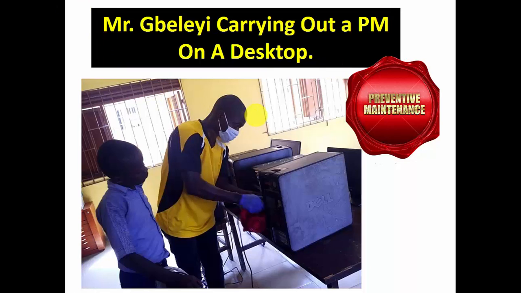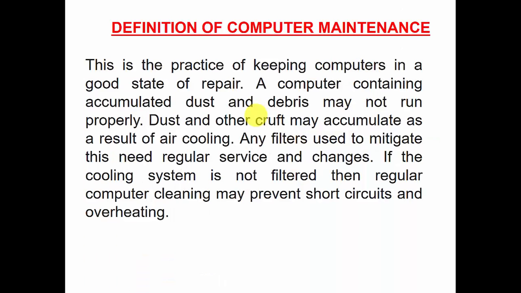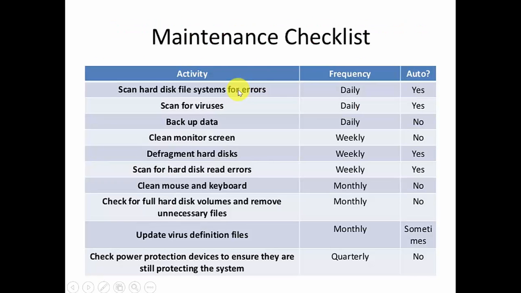Moving over, it's just a brief explanation of maintenance. And this is practically keeping a computer in a good state of repair. So I'm moving over to the next slide, which is slide 6, maintenance checklist.